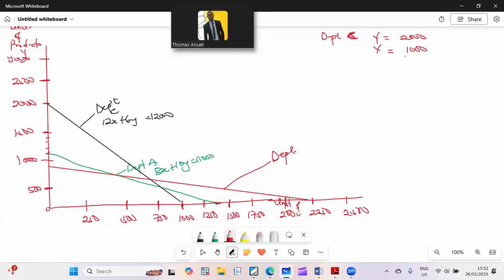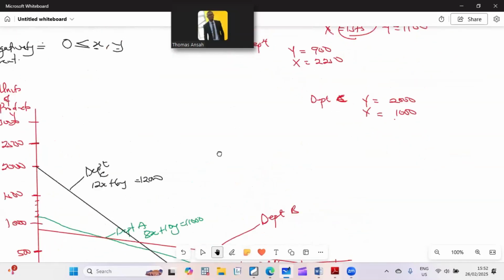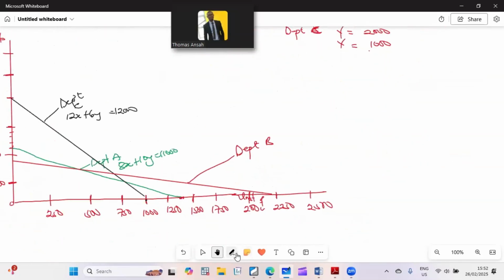Department B, it is 4x plus 10y, 9,000 hours. All right, so you've been able to draw the constraints for each of the departments.